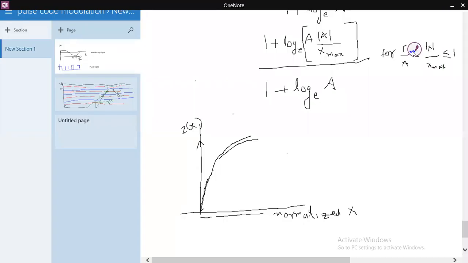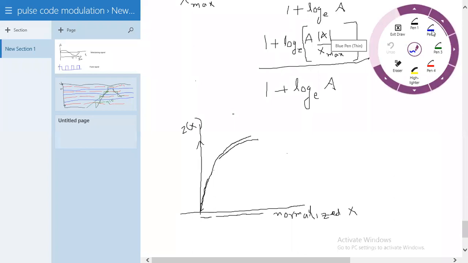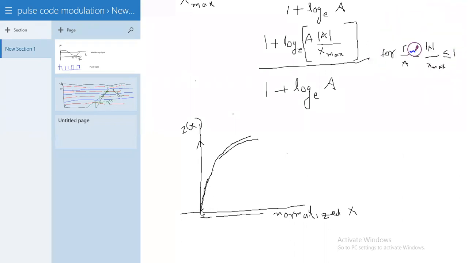So here the expander characteristics are like this. Here we can observe that the input is the received signal.